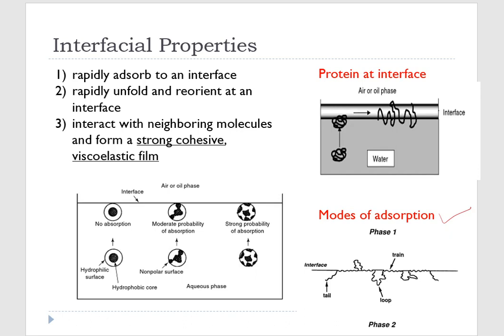So the relative distribution of these three configurations depends on the shape of the protein, the conformational characteristic of the protein. If there's a greater proportion of train, the protein binding at the interface will be stronger.